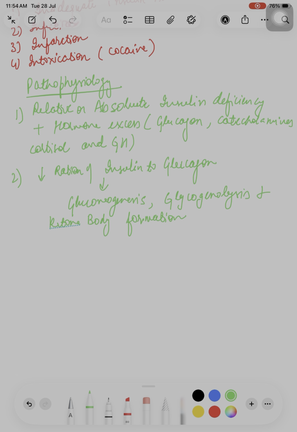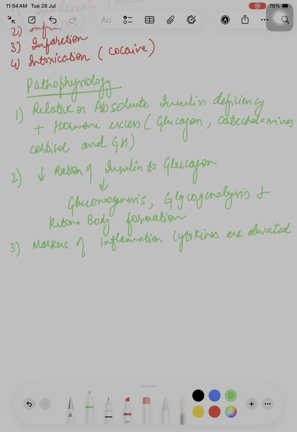Now the action of glucagon occurs. It raises glucose by gluconeogenesis, by breaking down glycogen, and by forming ketone bodies from free fatty acids. Next are markers of inflammation, like cytokines, which are elevated in diabetic ketoacidosis.